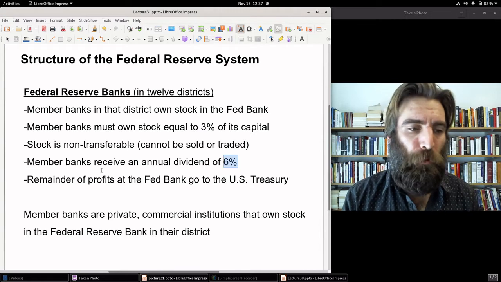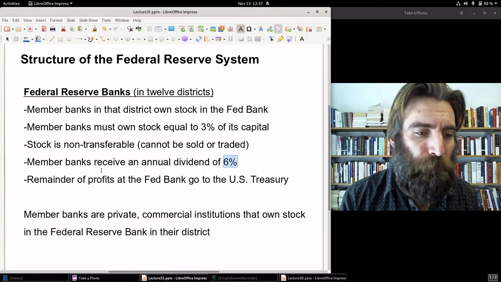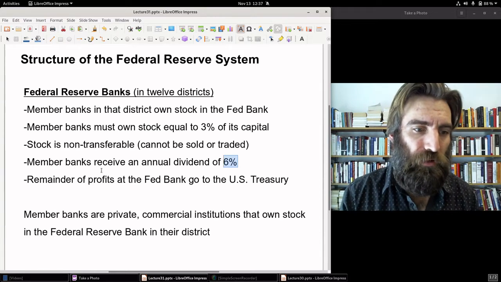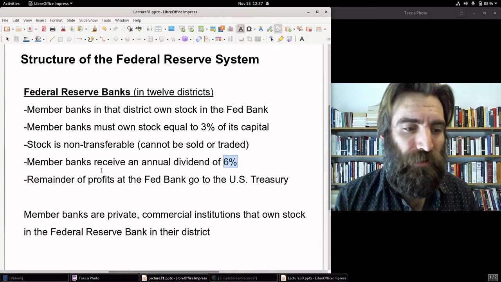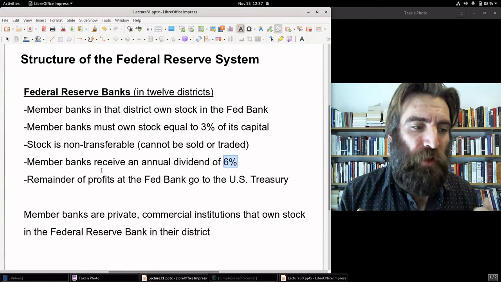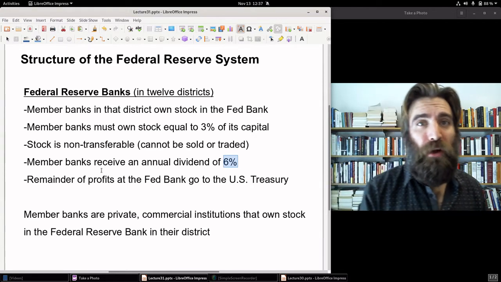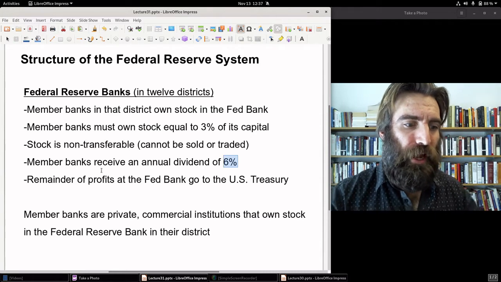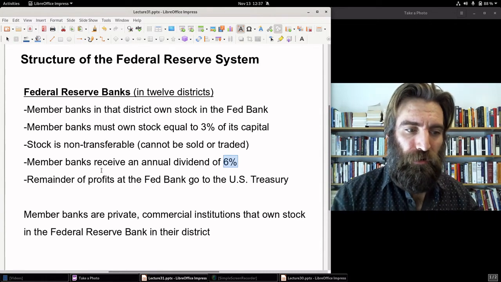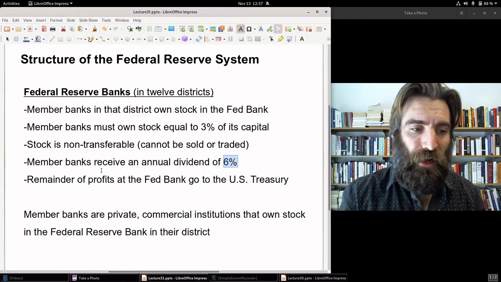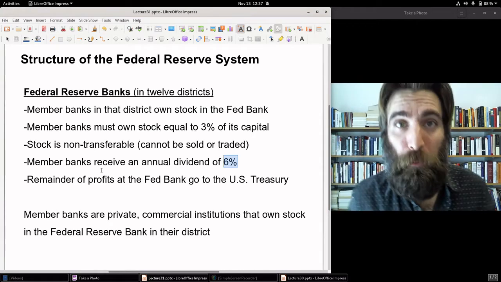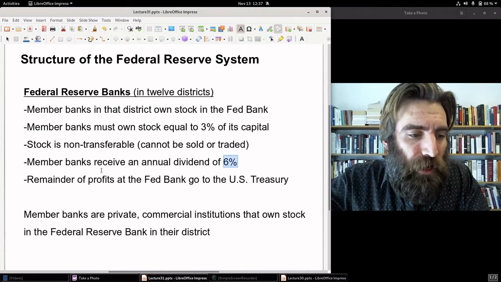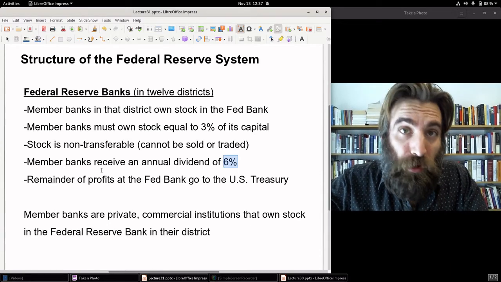So, for example, in 2015, the Federal Reserve System, all the 12 banks, collectively made a profit of, get this, $100 billion. Of that, $2.5 billion was distributed as dividends to member banks, and then $97 billion was distributed to the U.S. Treasury.